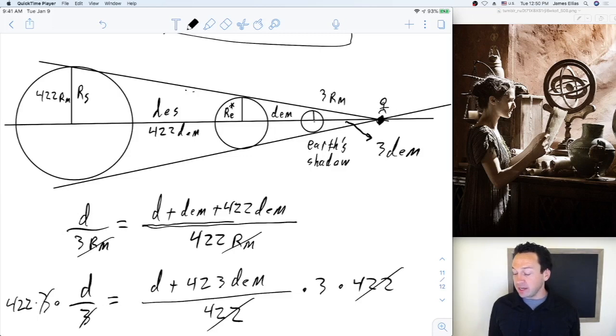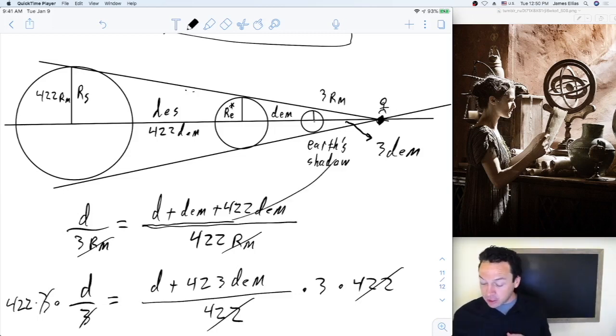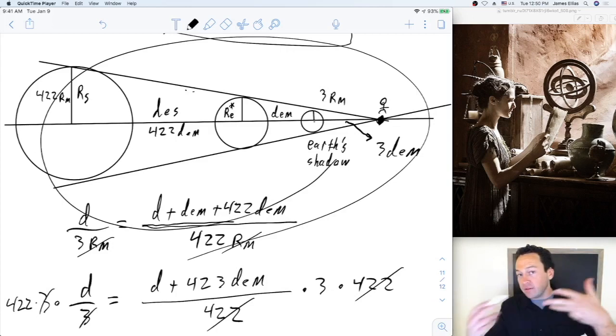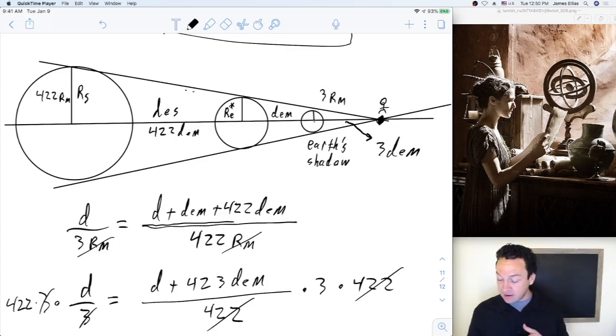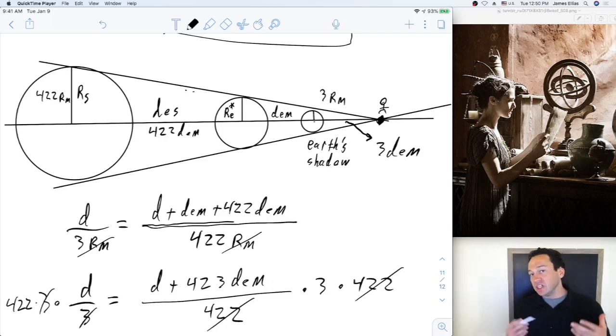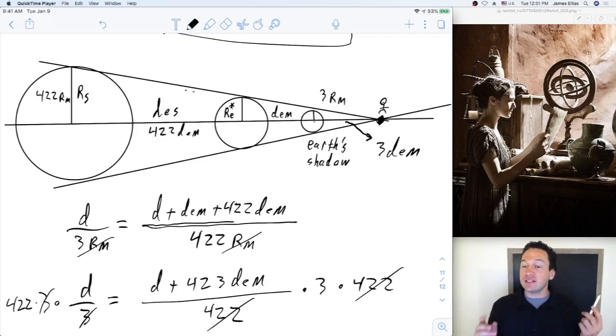And he's trying to eliminate variables. He's trying to write some of the lengths in this picture in terms of other lengths so that he's able to write a set of algebraic equations with the least number of variables. And this might allow him to solve for the size of the Earth and the moon.